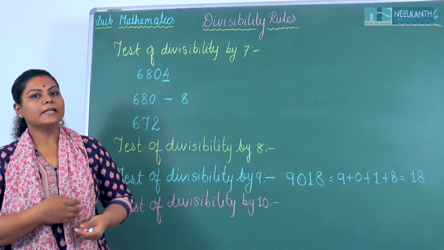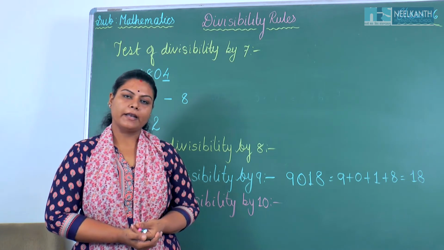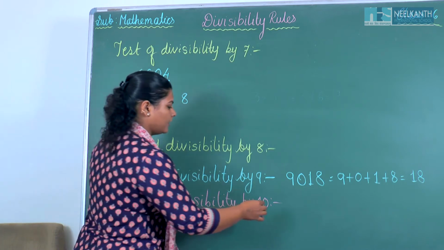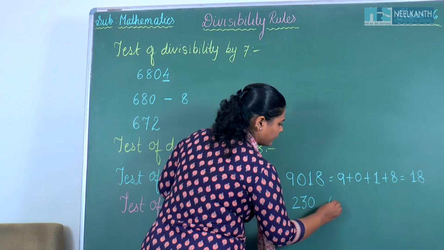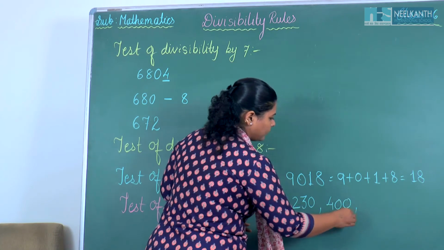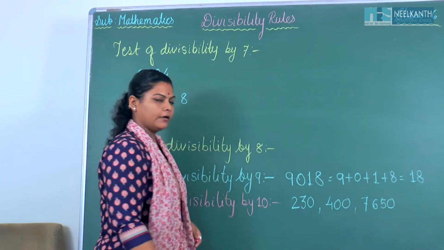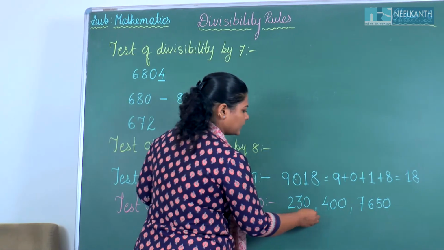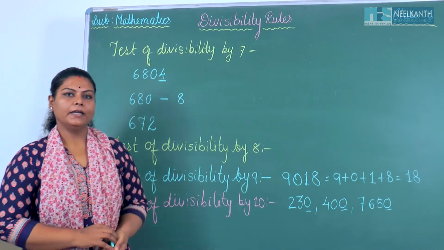When the number ends with 0, that number is divisible by 10. Let's check some examples: 230, 400, 7650. You can see here all the numbers end with 0. Then these numbers are all divisible by 10.